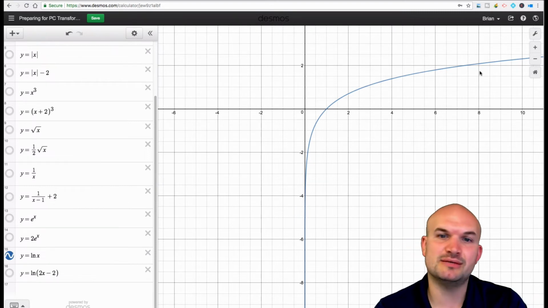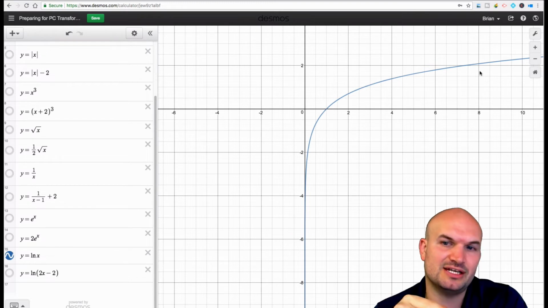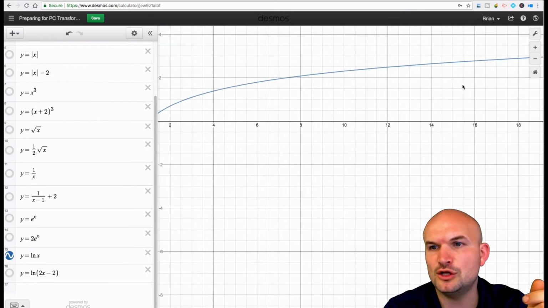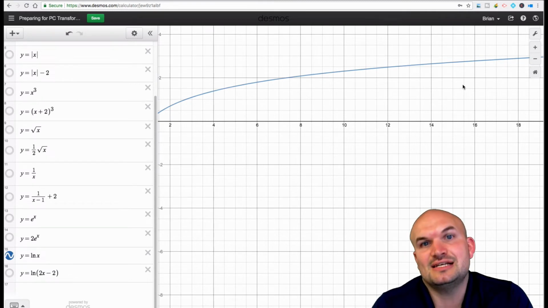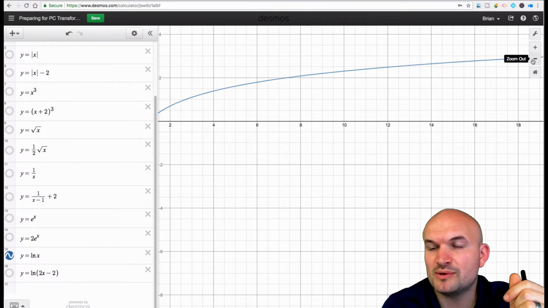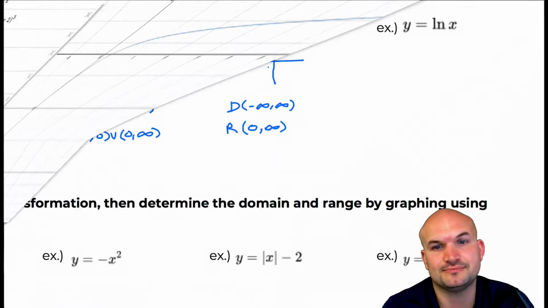So the domain is going to be restricted from 0 to infinity, and for the range, it looks like the graph is continuing going down to the left. And even though it's slowly increasing, the rate of the increase is slowing down, it still is increasing, and I don't see it approaching anything. So therefore, we're going to say that the range is continually increasing as well, to infinity.